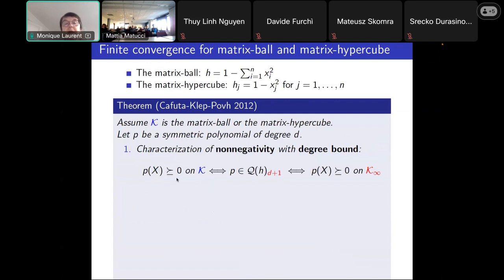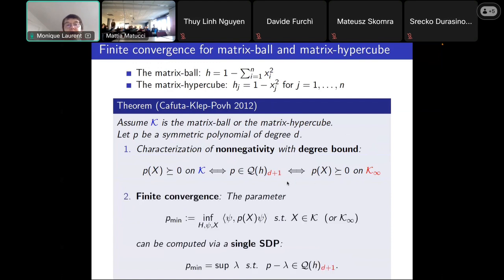So again, we have equivalence of being positive with membership in the quadratic module. And on top of that, we even have an explicit expression for the truncation in which P lies. P has degree D, well, you just go to D+1. And this in turn is equivalent to P being positive on the full region, K infinity.